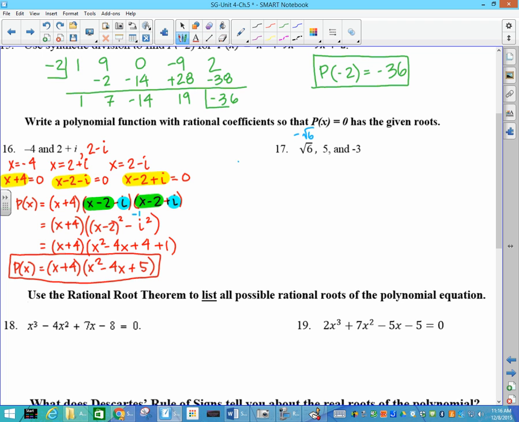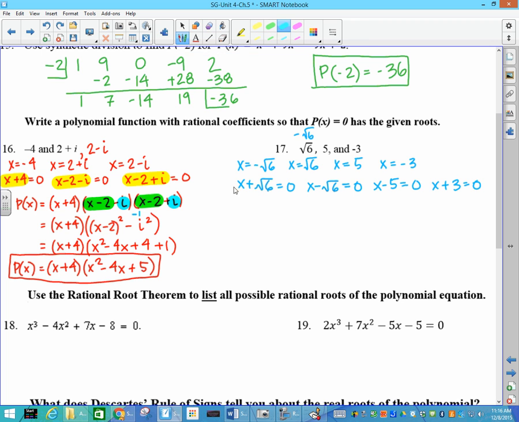My roots are x equals negative square root of 6, x equals the positive square root of 6, x equals 5, and x equals negative 3. So I set them equal to 0: x plus the square root of 6 equals 0, x minus the square root of 6 equals 0, x minus 5 equals 0, and x plus 3 equals 0.